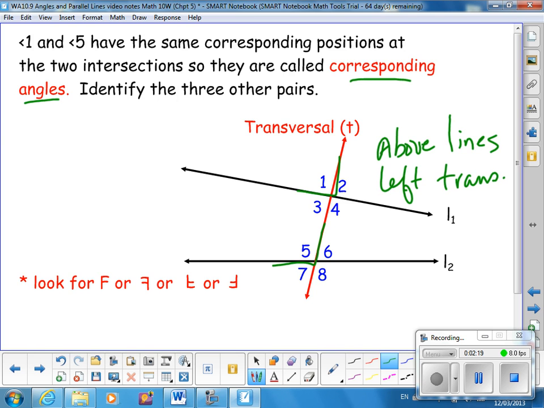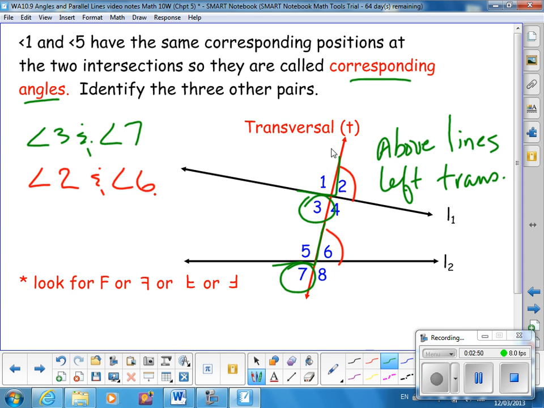Angle 3 is below the line and to the left, so we're looking for below the line and to the left: angle 3 and angle 7. Make sure you put the angle marks in front of the numbers so that you know that represents an angle. Angle 2 is above and to the right, and angle 6 is above and to the right. And angle 4 is below and to the right, and angle 8 is below and to the right.